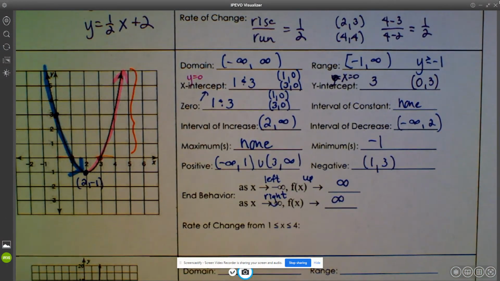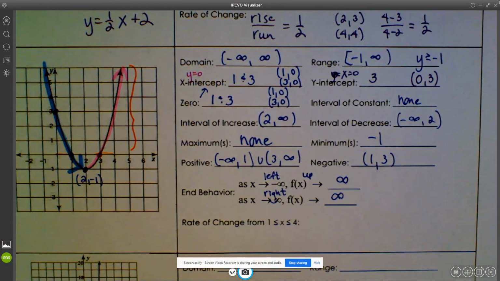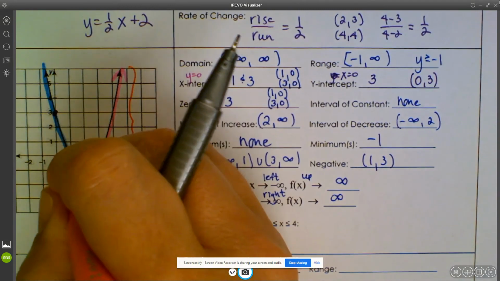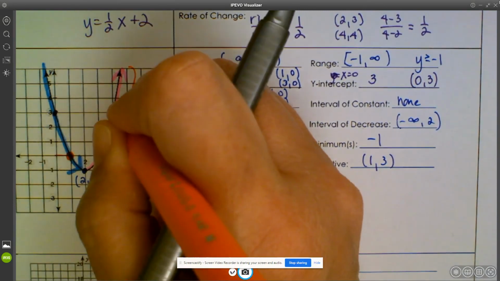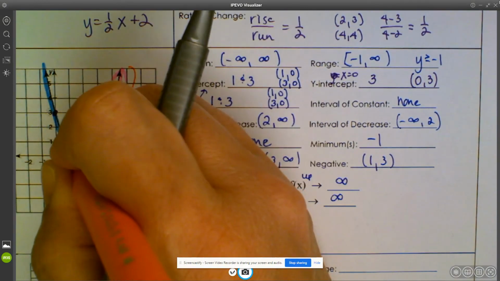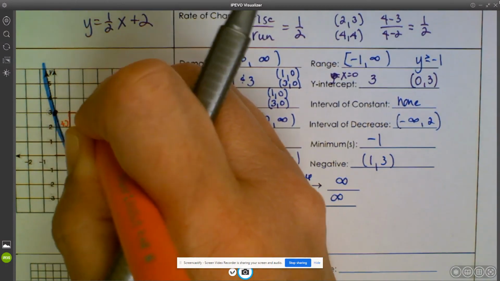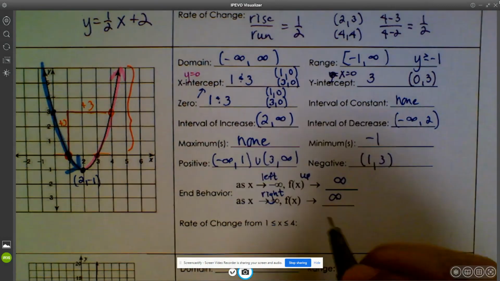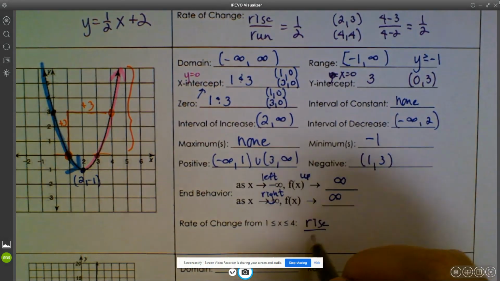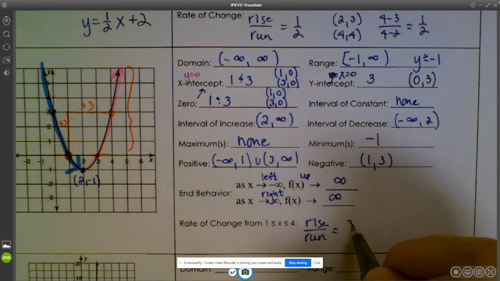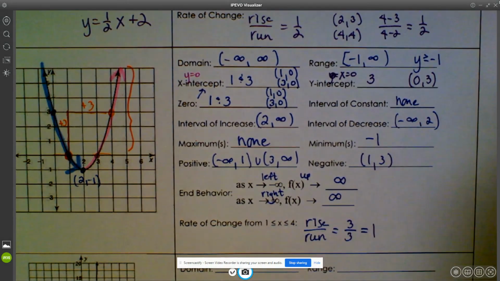And our rate of change from when x equals 1 to x equals 4, well, that's from here to here. So we go up 3 and to the right 3. So our rise over our run, 3 divided by 3 is 1.